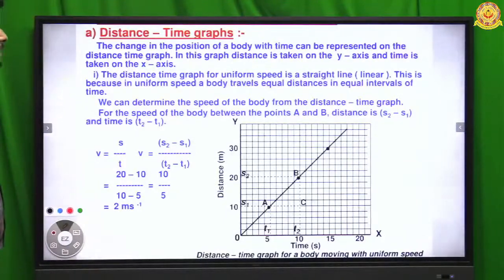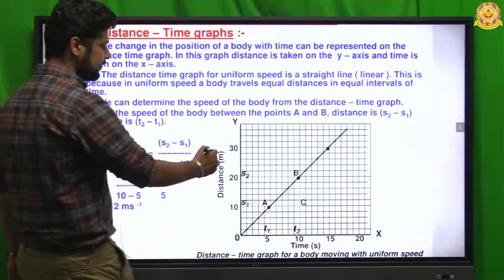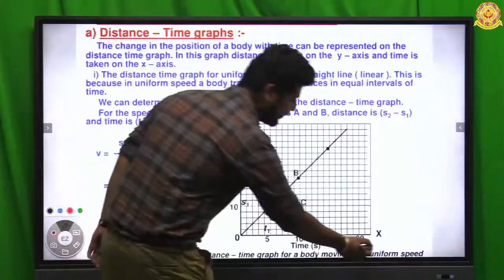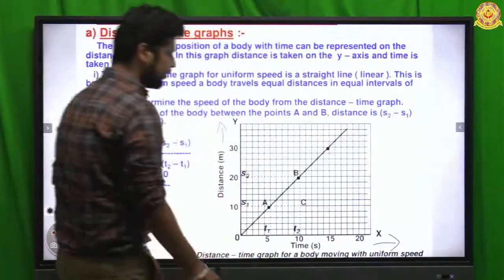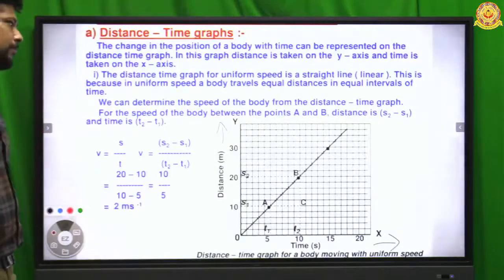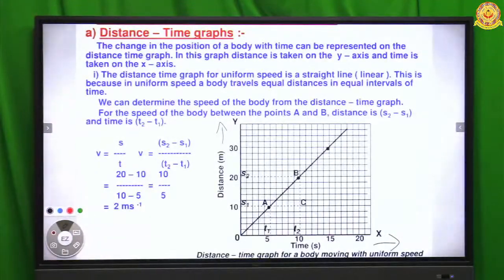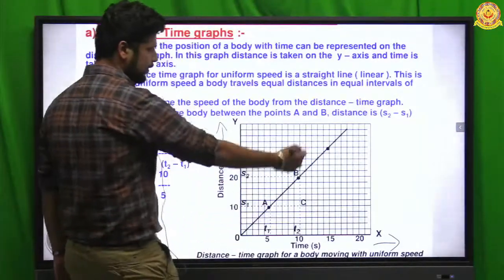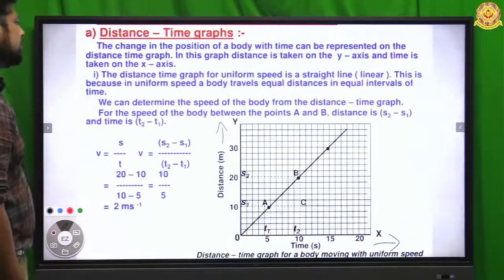You can see on the y-axis we have distance, and on the x-axis we have time. It is a uniform speed graph, and in a uniform speed graph we always get a straight line.